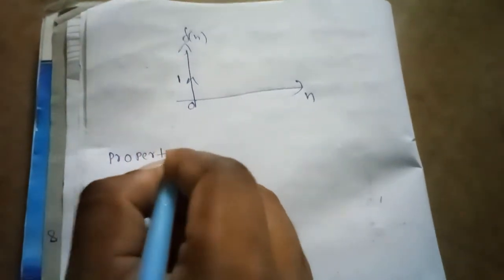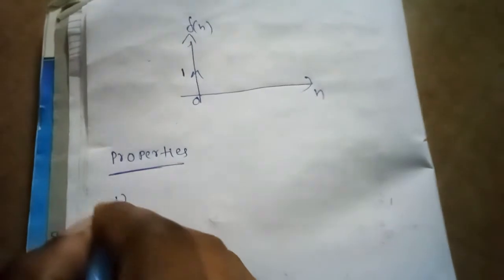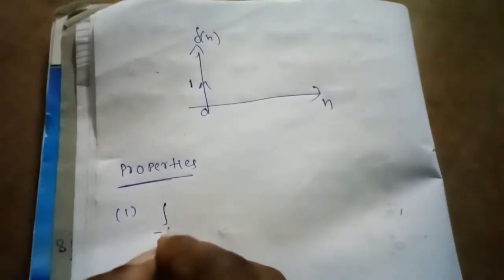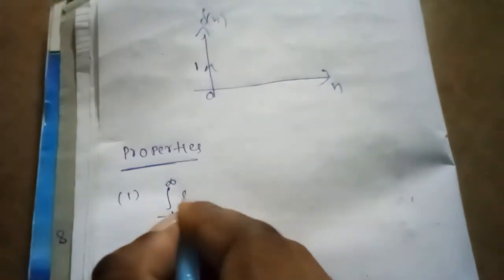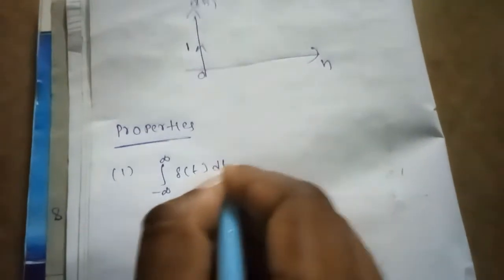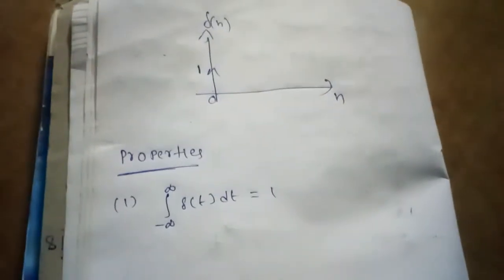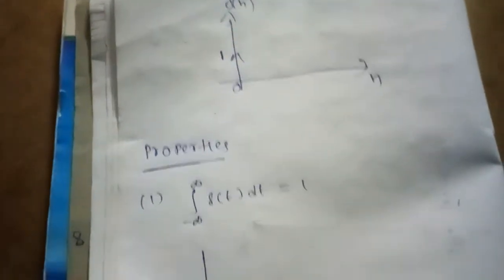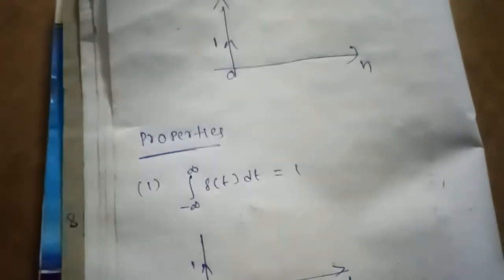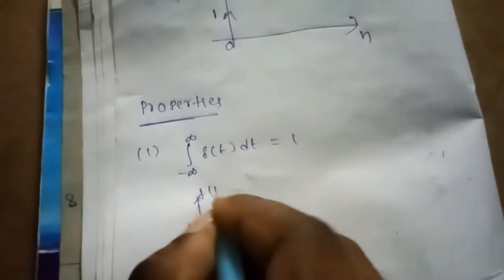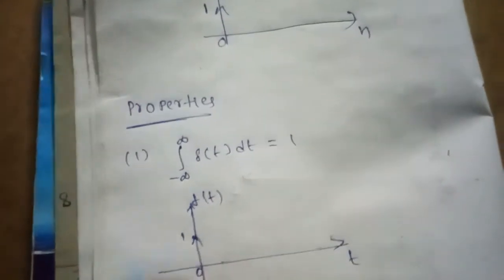Now coming to the properties. First property: integration from minus infinity to infinity of del of t dt is equal to 1. To prove this property we have to use a graph. We draw the impulse signal, that is t and del of t. It is 1 at 0, remaining zeros.